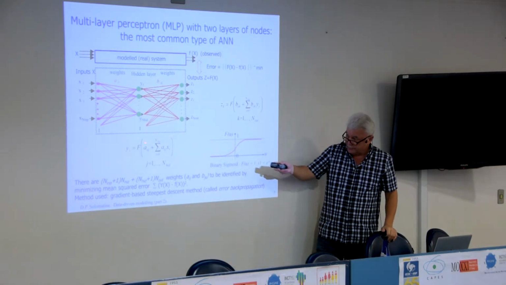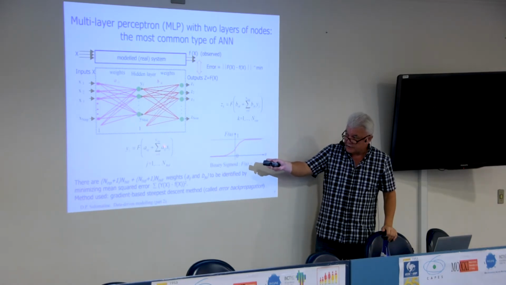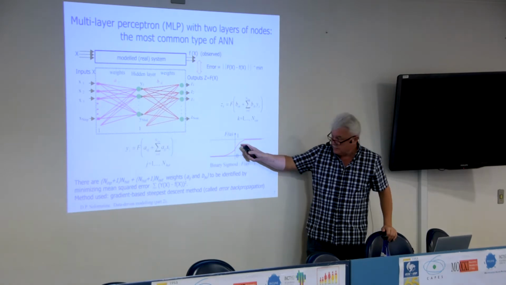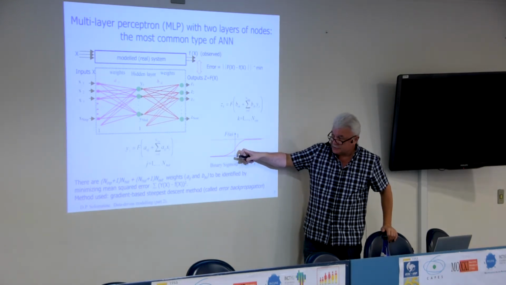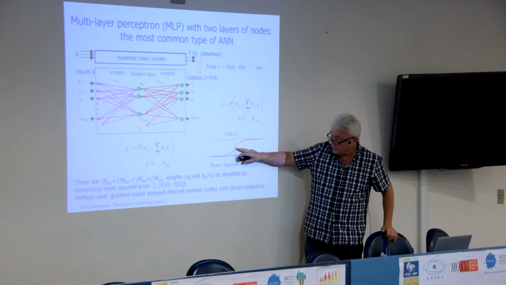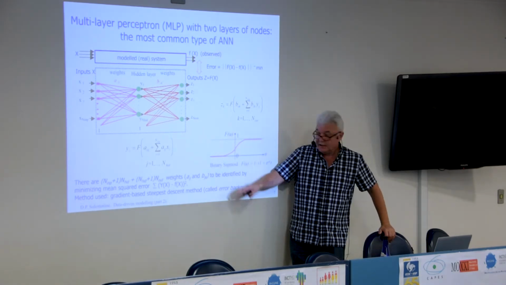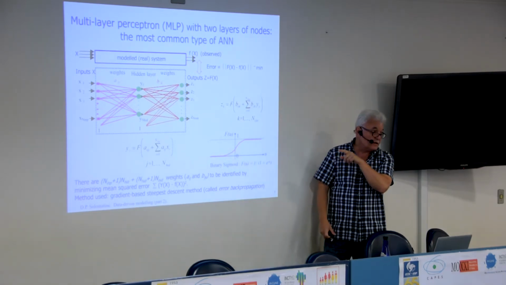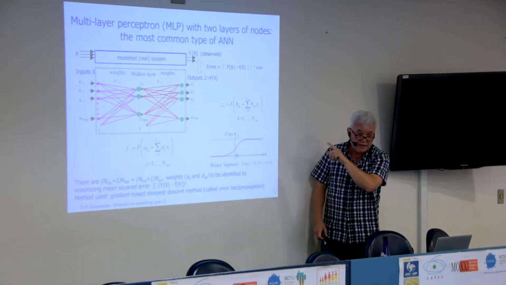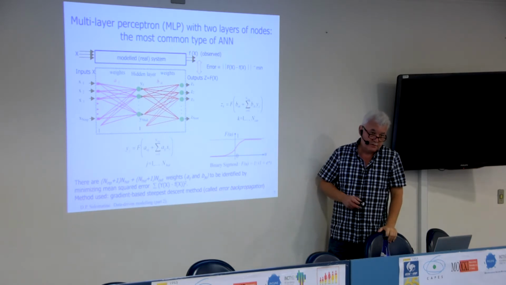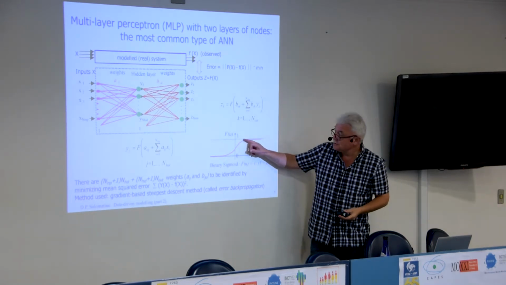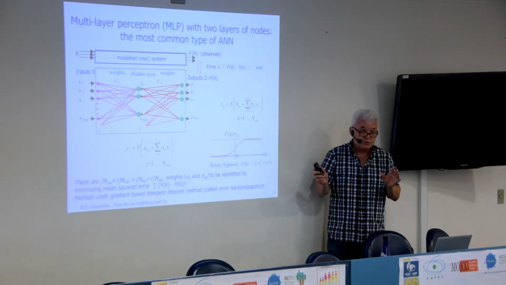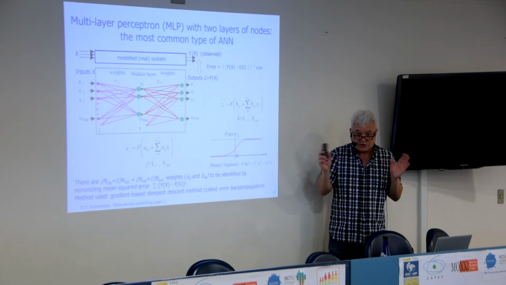For low values of the output of this linear regression model, you have almost 0, and for high outputs you have almost 1, and in the middle you have almost a linear regression model, but here you have some nonlinearity. These two pieces of function are enough to make this device a universal function approximator.